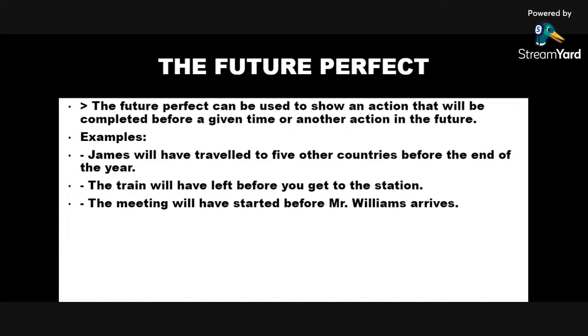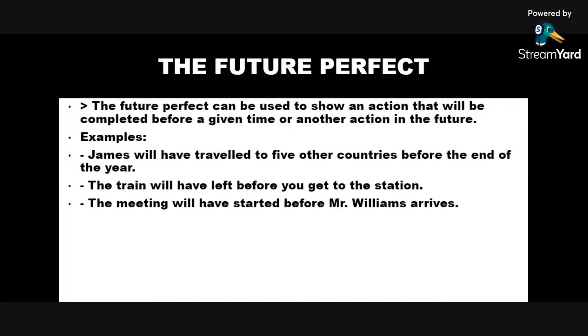Then another example is the meeting will have started before Mr. Williams arrives. Okay, probably you are expecting Mr. Williams' arrival to the meeting, and then you now hear that his car broke down on the way, and you can say, well, the meeting will not wait endlessly for Mr. Williams.